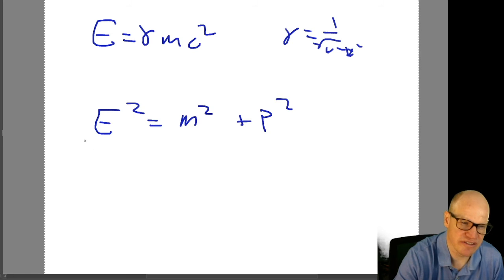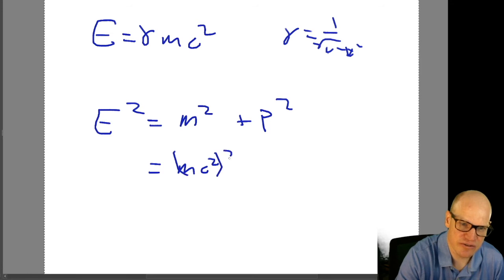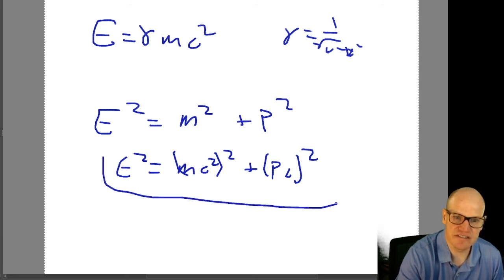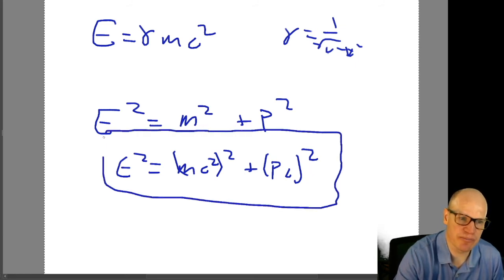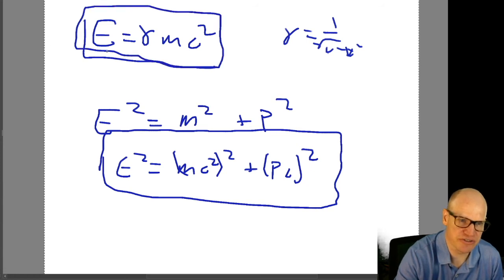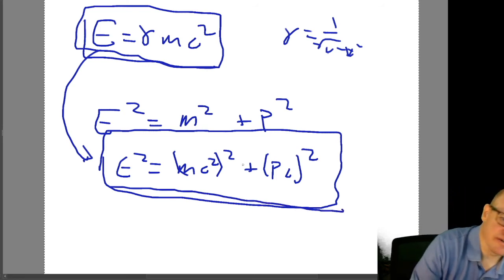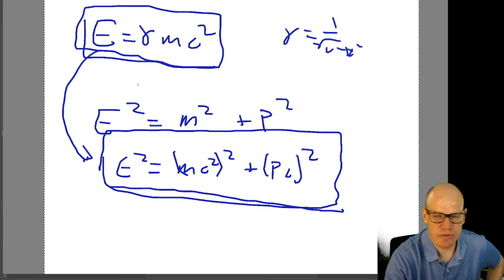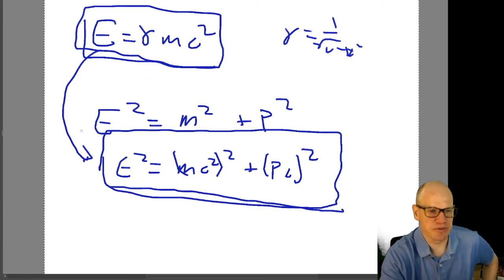Okay, so the expanded version of this that includes c is going to be mc squared plus pc squared, like this. This is an equivalent representation of this equation. So these two things are actually equal to each other. You can arrive at them through different means, and you can show that one is equivalent to the other, but we won't do that here because that's what the textbook is for.